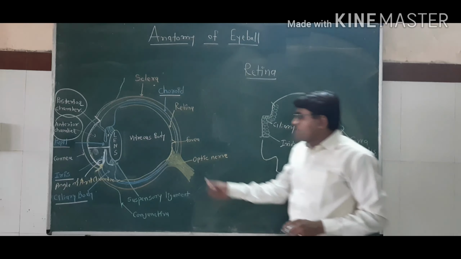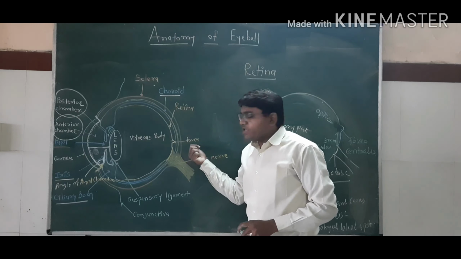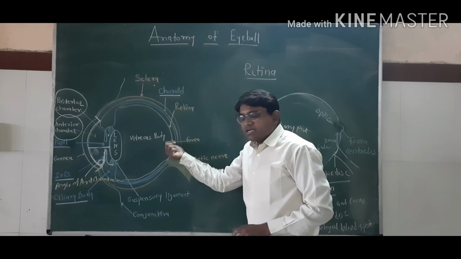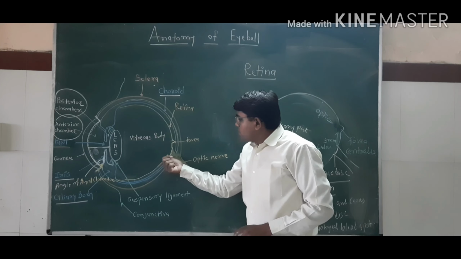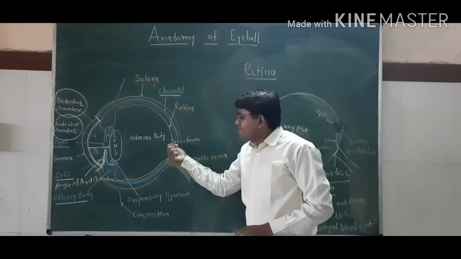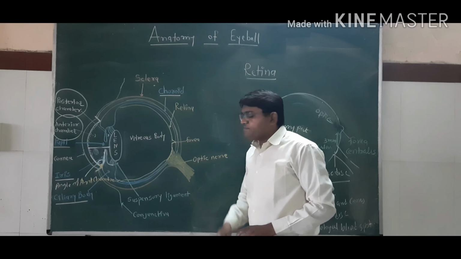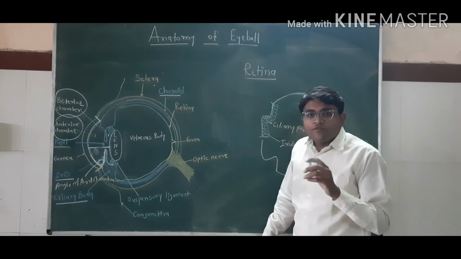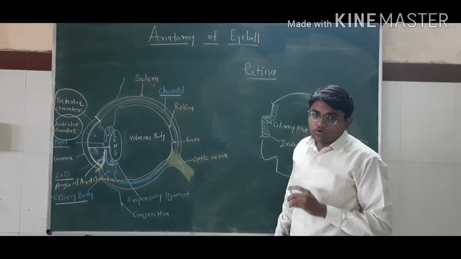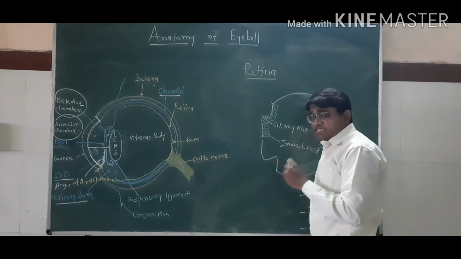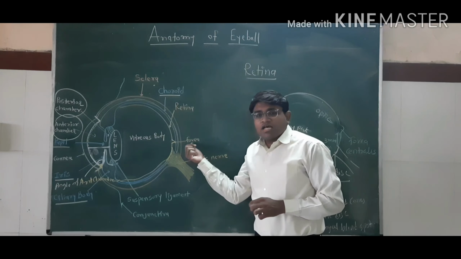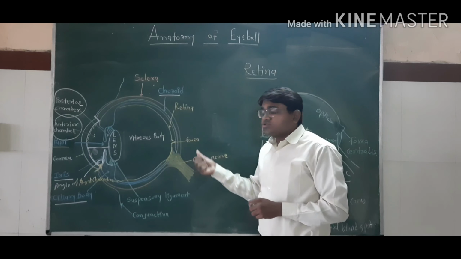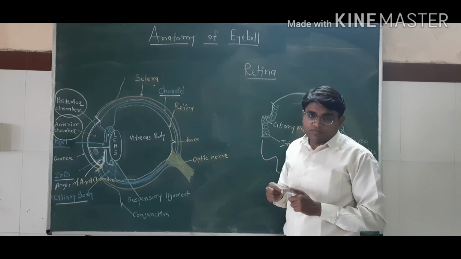Here in this diagram also you can see the fovea. So 3 millimeter lateral to the optic disc, there is one depressed area, and this depressed area is known as the fovea centralis. The fovea centralis is yellow in color, and that's why it is also known as the yellow spot.